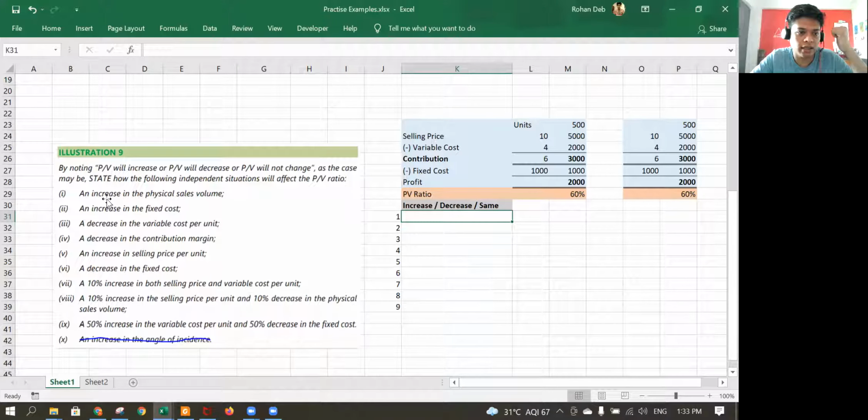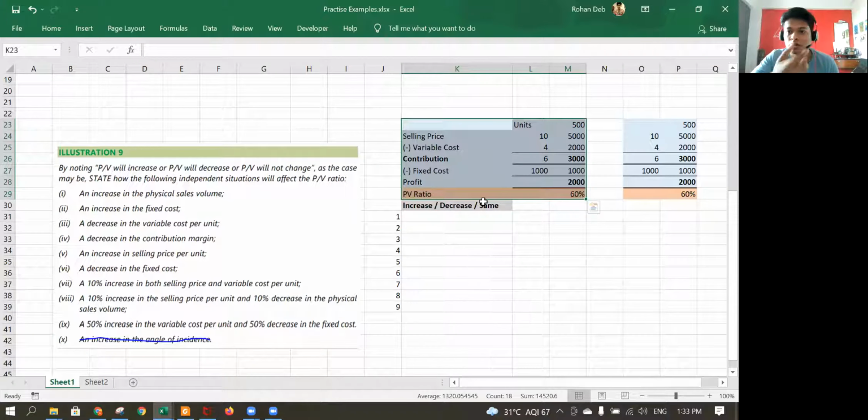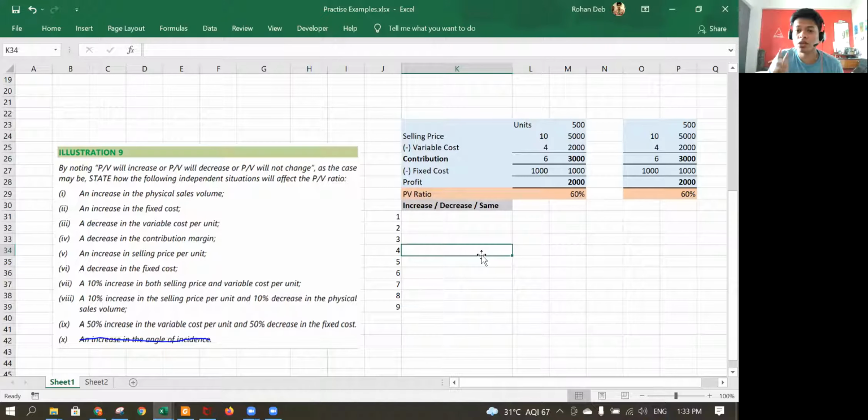Now let's get started. Any increase in the physical sales volume. I made a calculation over here, so I'll practically show you whether the PV ratio is increasing, decreasing or not changing. So, increase in physical sales volume. What is my PV ratio? Contribution divided by selling price. If I increase my sales volume, selling price and variable cost are both changing, in proportion to the units.